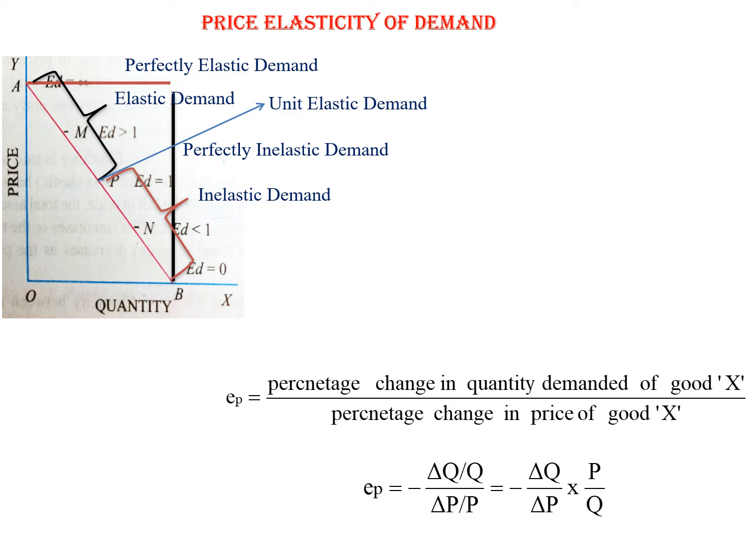In the inelastic demand conditions, the strategy is that you have to increase the price. If you increase the price, no doubt demand will be reduced, but it ultimately increases the revenue. As an entrepreneur, our ultimate aim is how to increase the revenue.